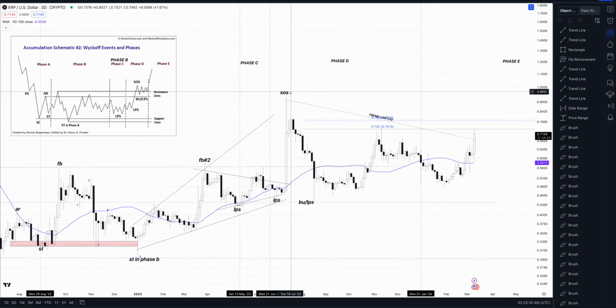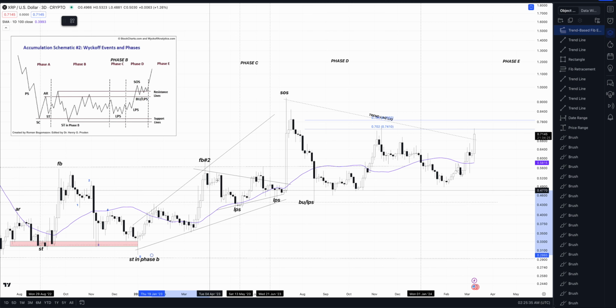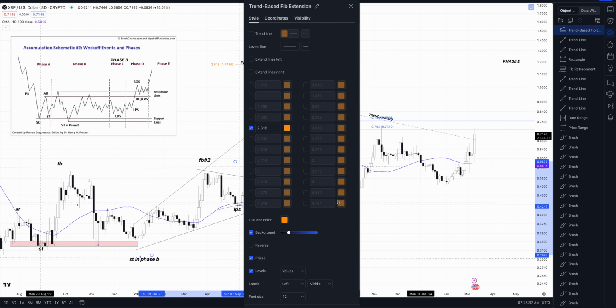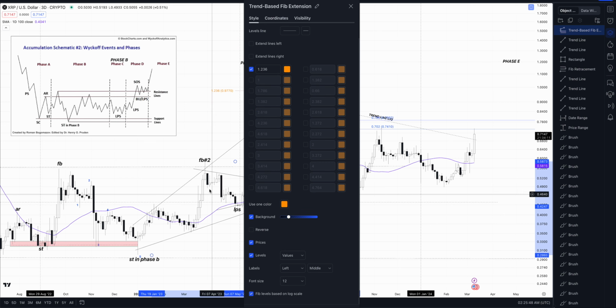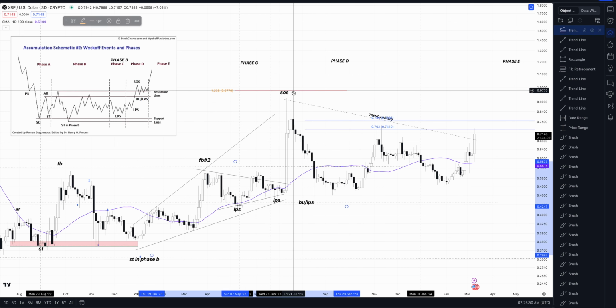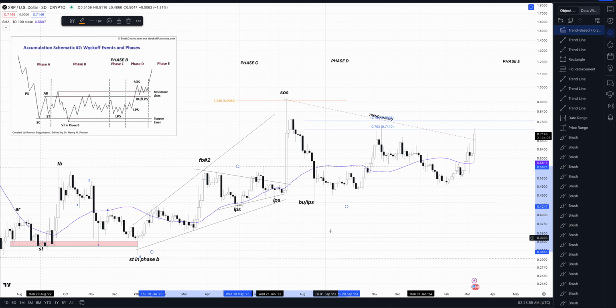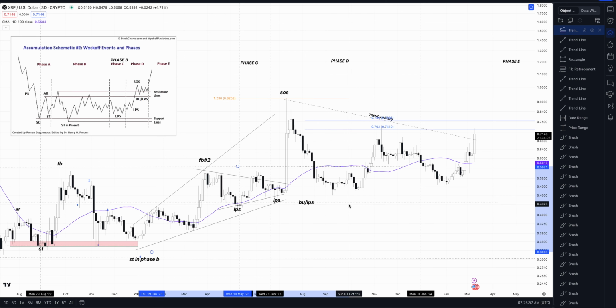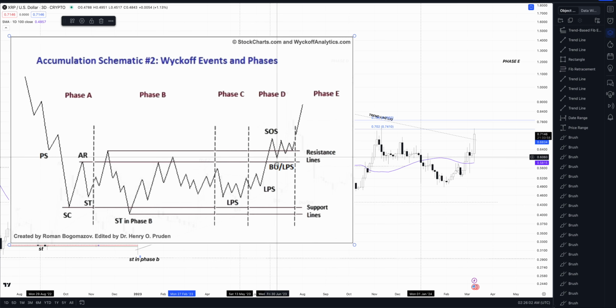Okay, so we got squeezed into your sign of strength, hitting your 1.236. And then what we have over here is our backup phase.